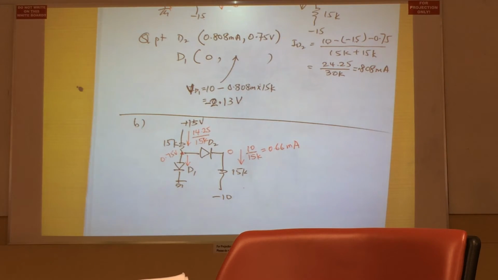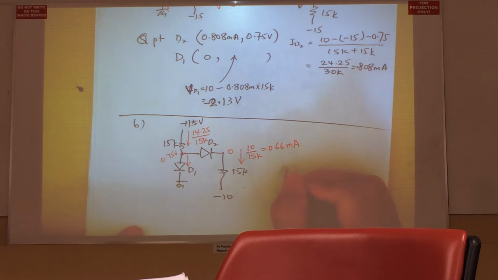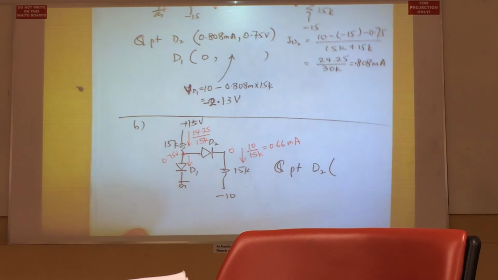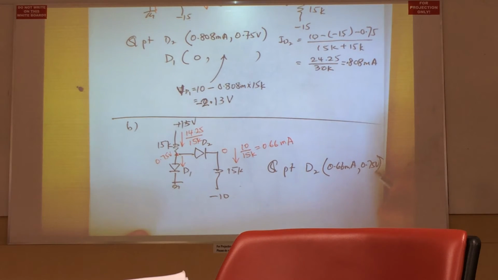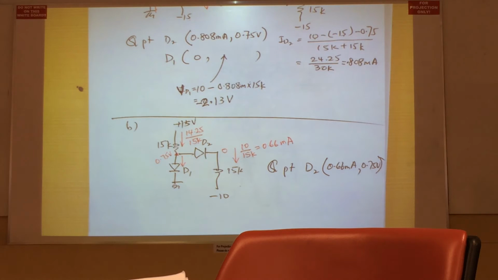And therefore, we can now evaluate the Q point again. So the Q point of D2 first: a current of 0.66 milli flowing through D2, and a voltage of 0.75 volt across the anode to cathode of D2.